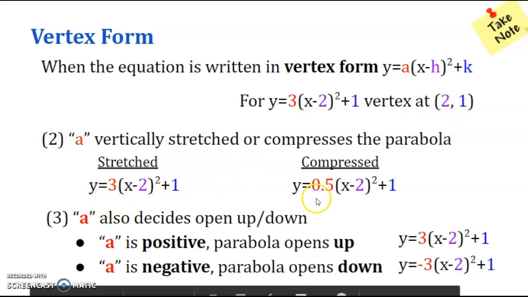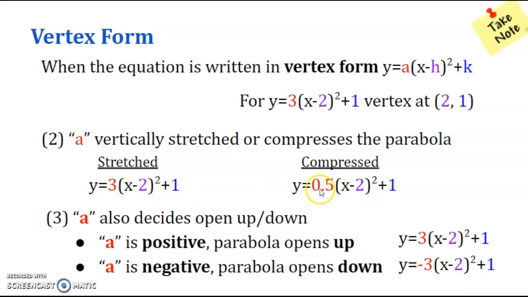When you have numbers in front like 3 or 0.5, what does it do? When you have 3 in front, it stretches the parabola vertically. It's almost as if you're pulling it apart from top and bottom, forming a skinny parabola, while if it's less than 1, it pushes it down, so it becomes a fatter parabola.